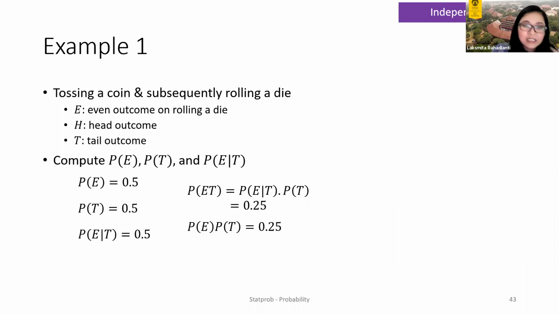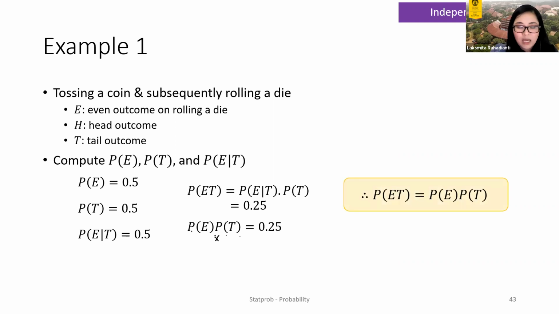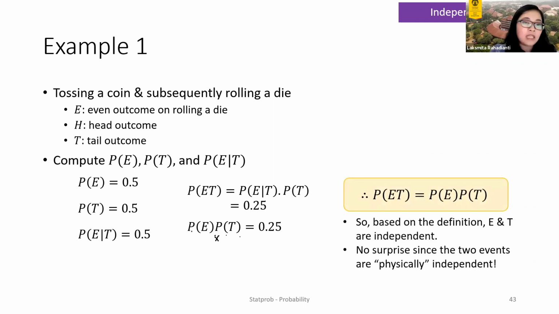If I were to consider these two events, tossing a coin and then rolling a die, then the probability of E and the probability of T multiplied is 0.25. The probability of their intersection is also 0.25, and thus the rule holds. In this particular example, I don't think anyone is surprised because I'm talking about two different physical objects. I'm talking about a die and I'm talking about a coin.